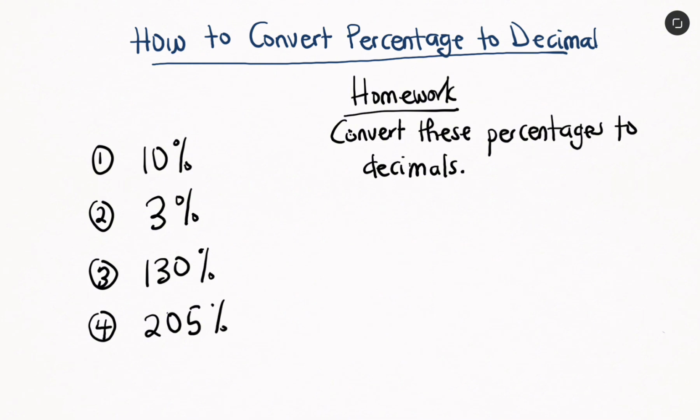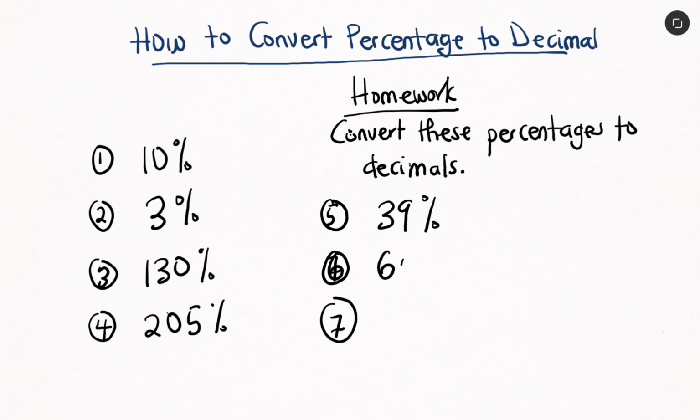Now if you want more, I can add. Okay, I'm sure you guys want more, so I'll add 5, 6, and 7. Okay, so we have 39%, 605%, then 104%.